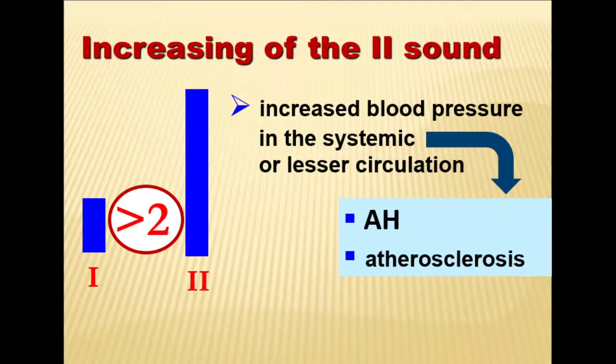As a result, its elasticity decreases and the vessels resemble a metal tube. And when the blood pushes on this non-elastic wall, it hits harder and increases the second sound.